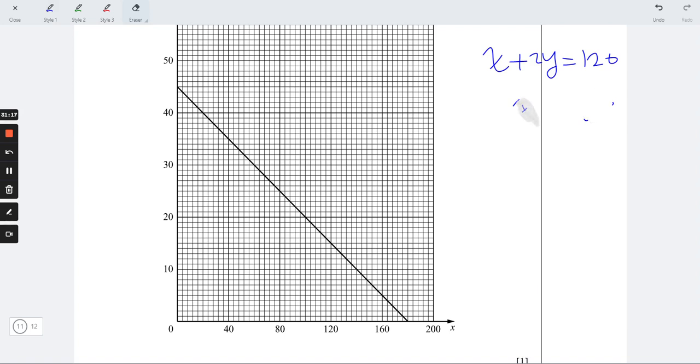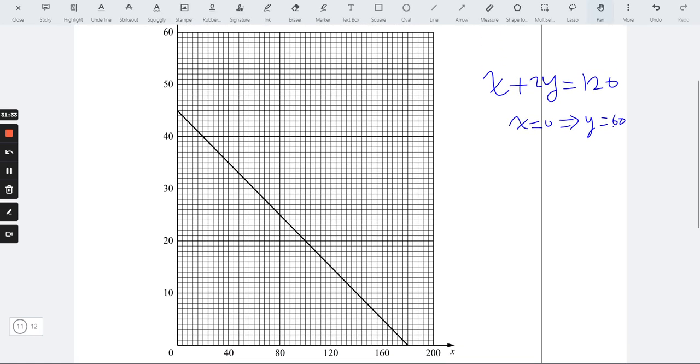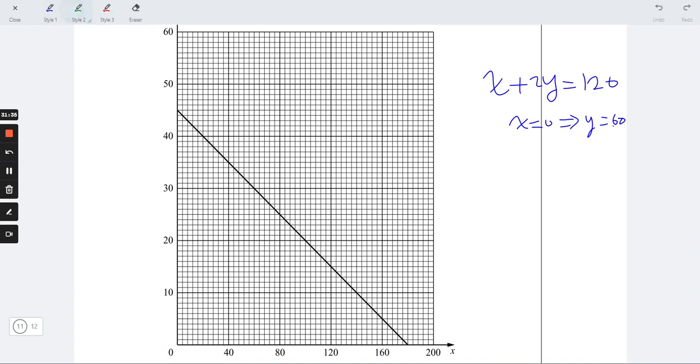So the point is (0, 60). It's up here. This is the point 60.